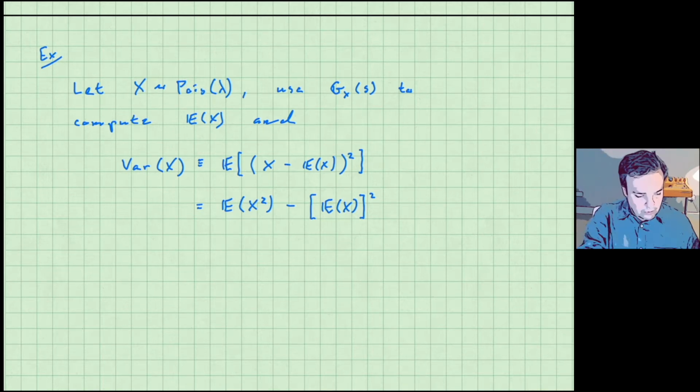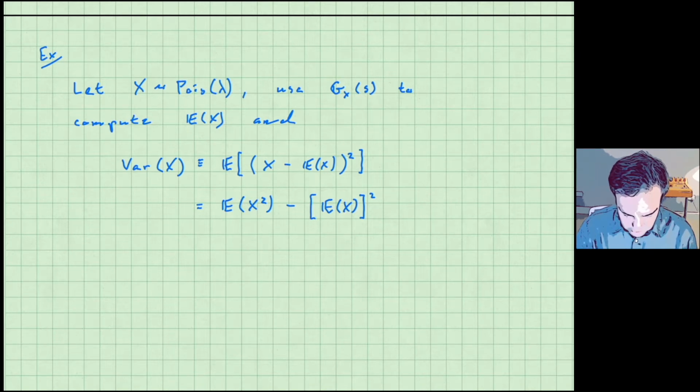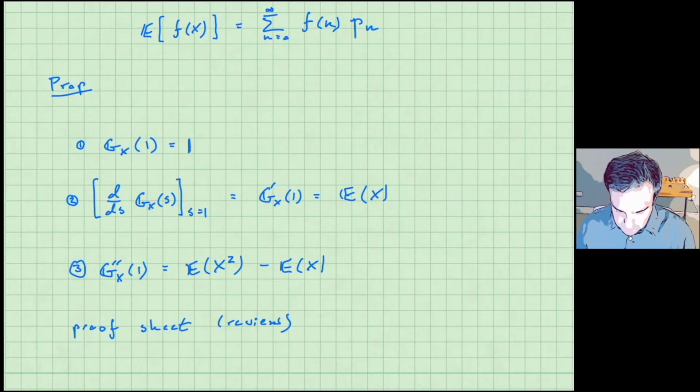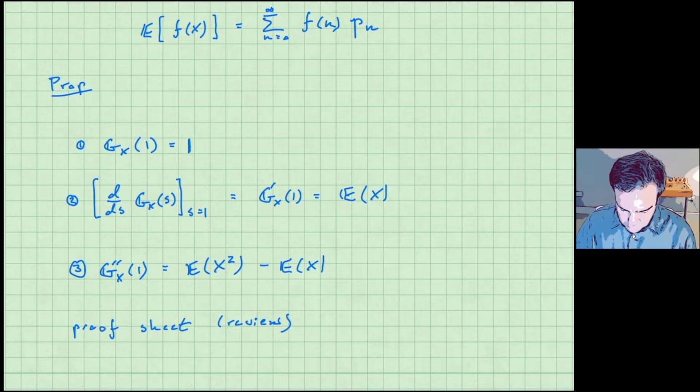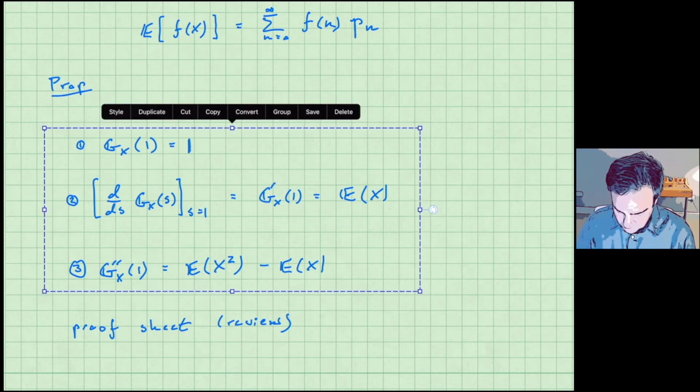So we want to compute this using the proposition that we finished the last lecture with. And so I'm going to go dig that up now. So that was back in lecture 2. And the proposition had three parts, which I'll just steal and bring it over. So I'm just going to copy this over, and then we'll discuss it.